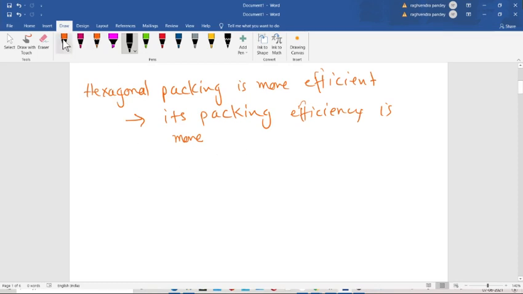So what is packing efficiency basically? Packing efficiency, we write it as PE.